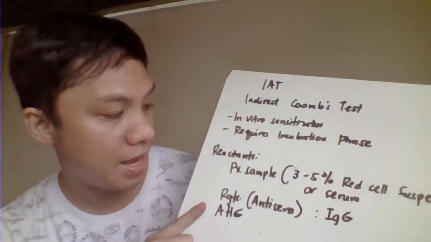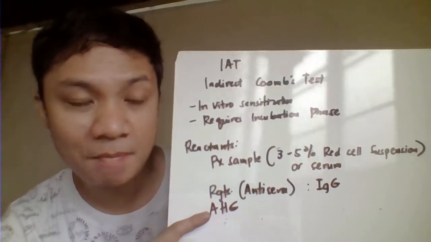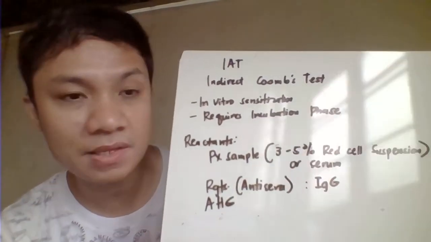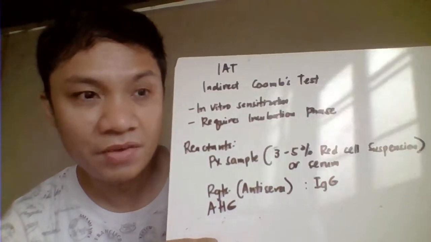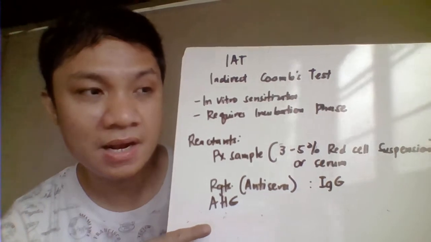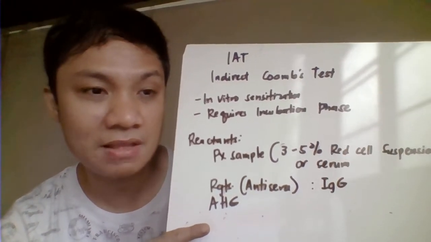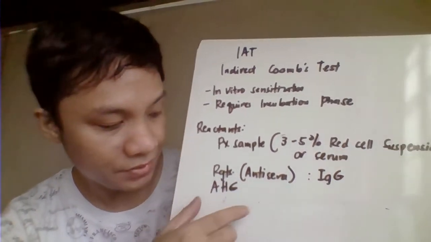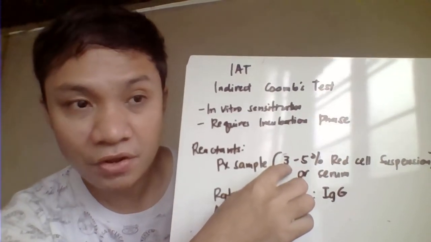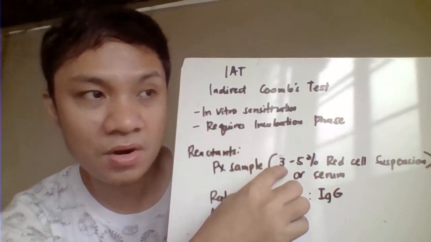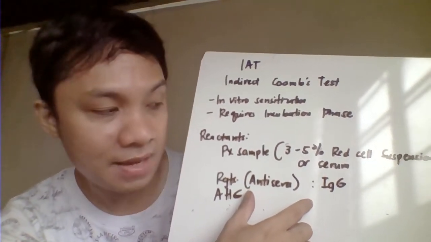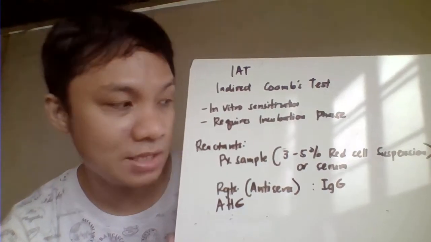So we have here the reactants. Pwede kayong gumamit ng sample of the patient in the form of a 3 to 5% red cell suspension. If you're detecting for antigen, you could also use serum as your sample if you're detecting for antibody in the patient. So your reagent depends kung ano dinidetect natin. If you're detecting for antigen in the patient sample, gagamit ka ng anti-sera or antibody, which is the IgG antibody.